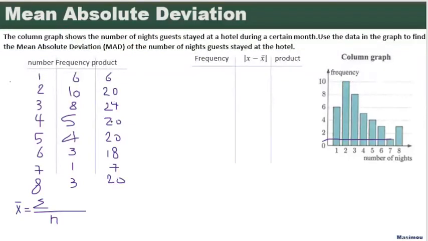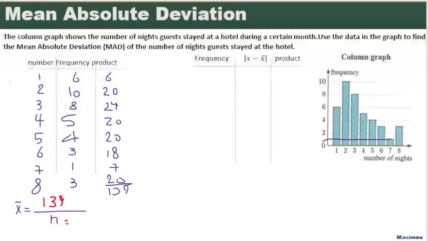If I add up all the data from the third column, the sum of all the data would be 139. So I will write here to find the mean, the sum of all the data is 139. And for the number of data, I have to add up all the values of frequency, which gives me 40.